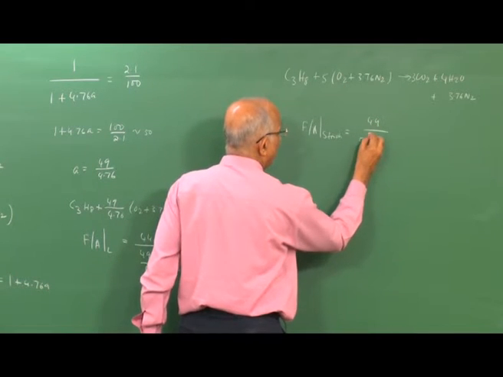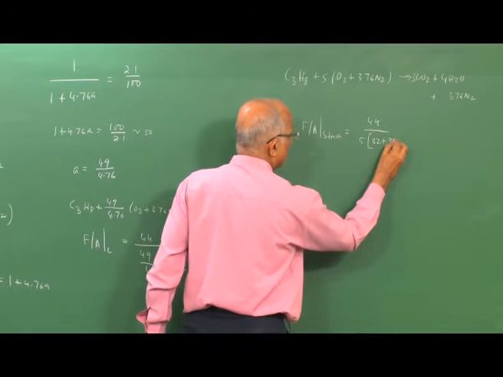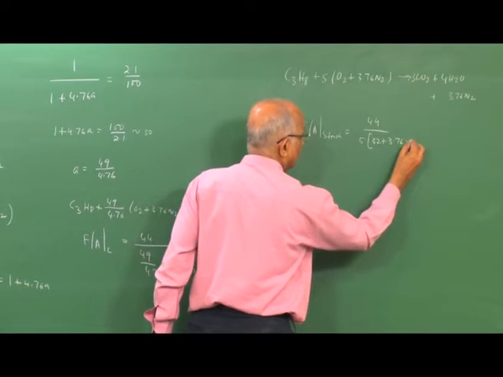divided by air, 5 into 32 plus 3.76 of nitrogen, which is 28.